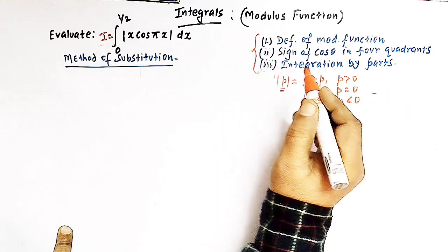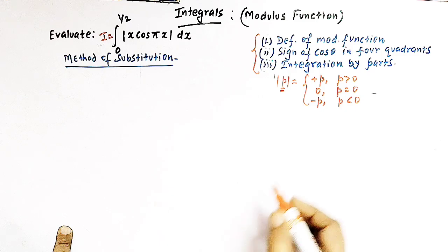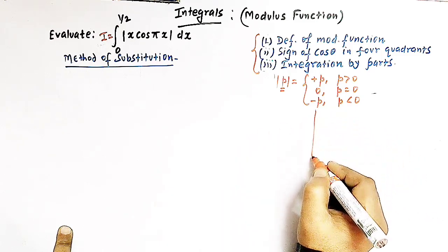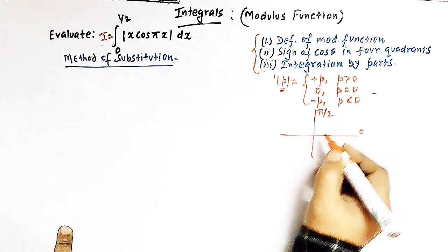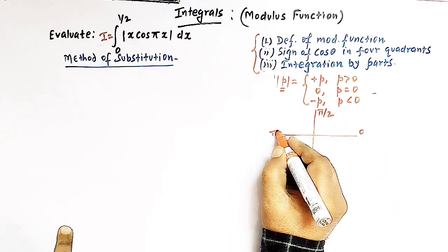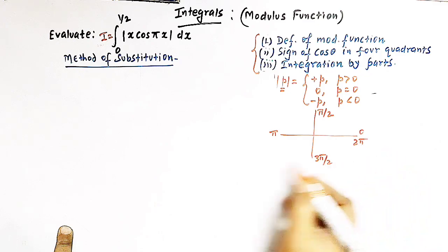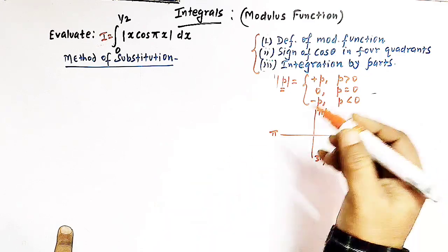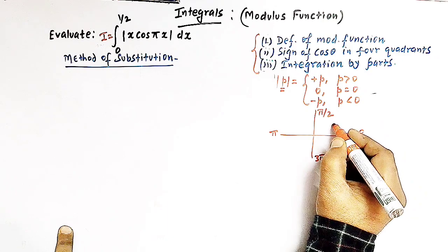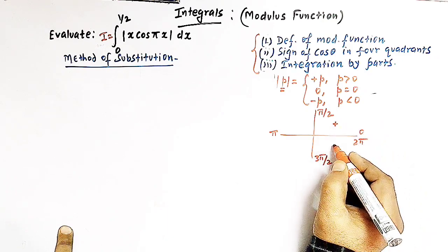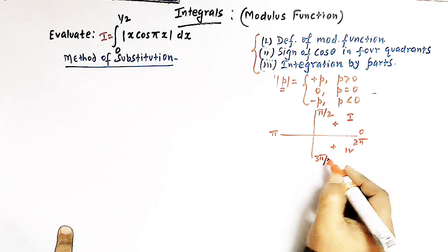And the second one is the sign convention for cosine function in four quadrants. Now see, when we have the four quadrants, here we have 0, here we have pi by 2, then we have pi, then we have 3 pi by 2, and here we have 2 pi. Now we know from trigonometry that the cosine function is positive in the first quadrant and in the fourth quadrant, right?